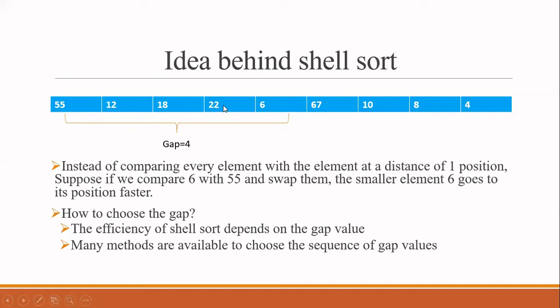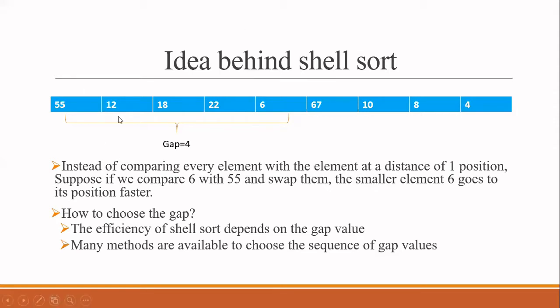Actually, these numbers are not sorted. Assume that I want to take 6. I have to compare 6 with 22. That is, the gap between 6 and 22 is 1. But in the case of shell sort, you can select this gap. This gap you can set to any value. Based upon that, your algorithm will change its performance.